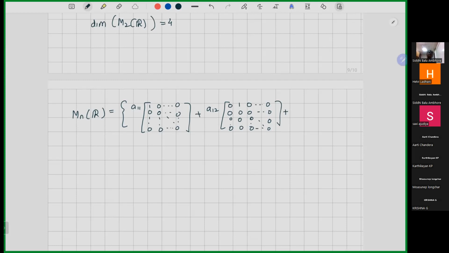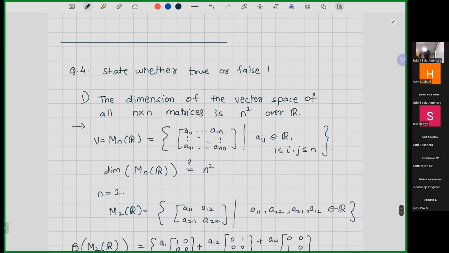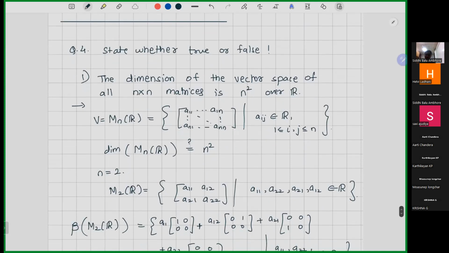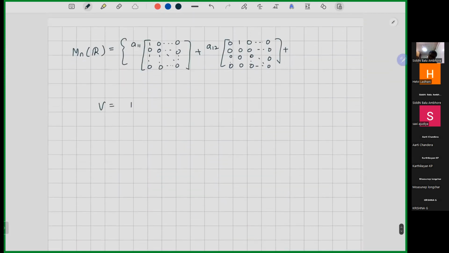That's what I'm asking. This is not talking about the vector subspaces. It is saying the dimension of the vector space of all n cross n matrices. So our vector space V is M2R, and they are asking the dimension of M2R.